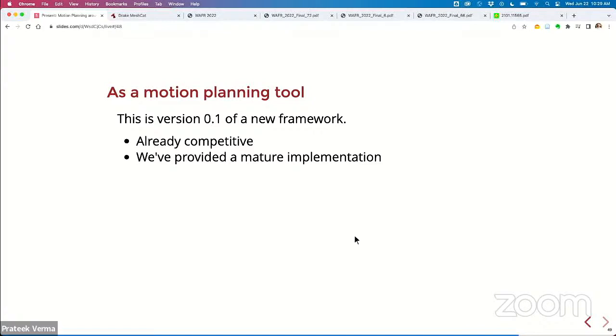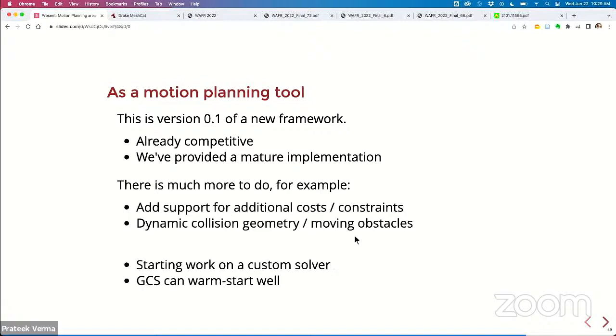It's built on a tool chain which has made the mathematical abstractions of perspective functions and everything good. It's clean, but it's harder to implement, harder to type in yourself. Totally possible, but just a little bit more sophisticated. So in order to make it useful to everybody, we've tried to provide a mature implementation, and hopefully you'll check it out. There's a lot more we're currently doing and that we want to do.